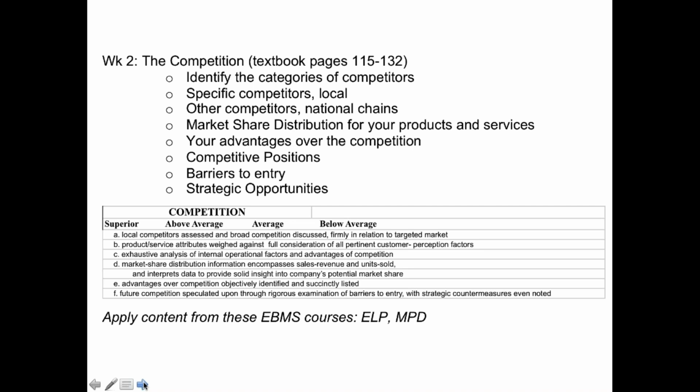Competitive positions, how do you compete with each of these competitors? Again, that SWOT analysis, compare and contrast with each of your competitors. In other words, why would they come to you versus go to them? Highlight your strengths, mitigate your weaknesses.